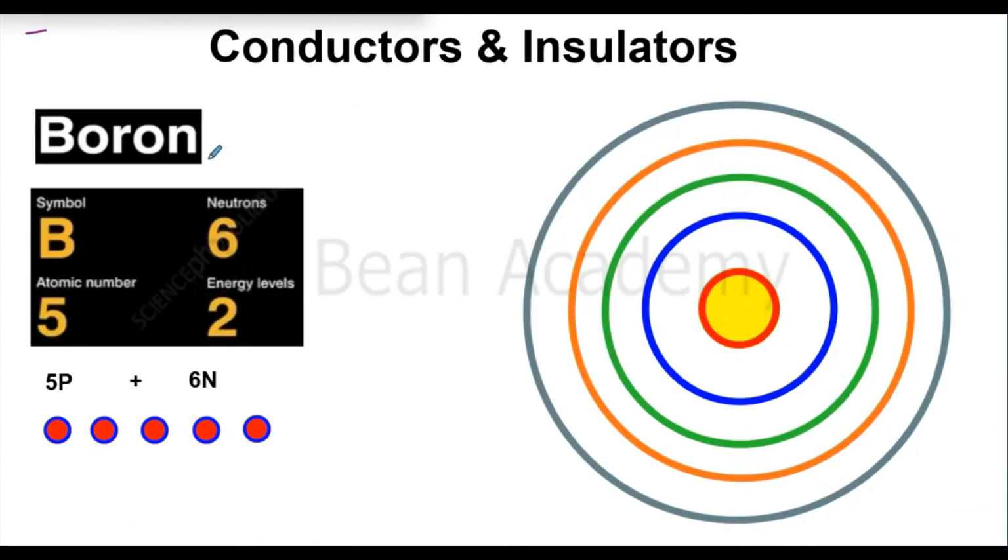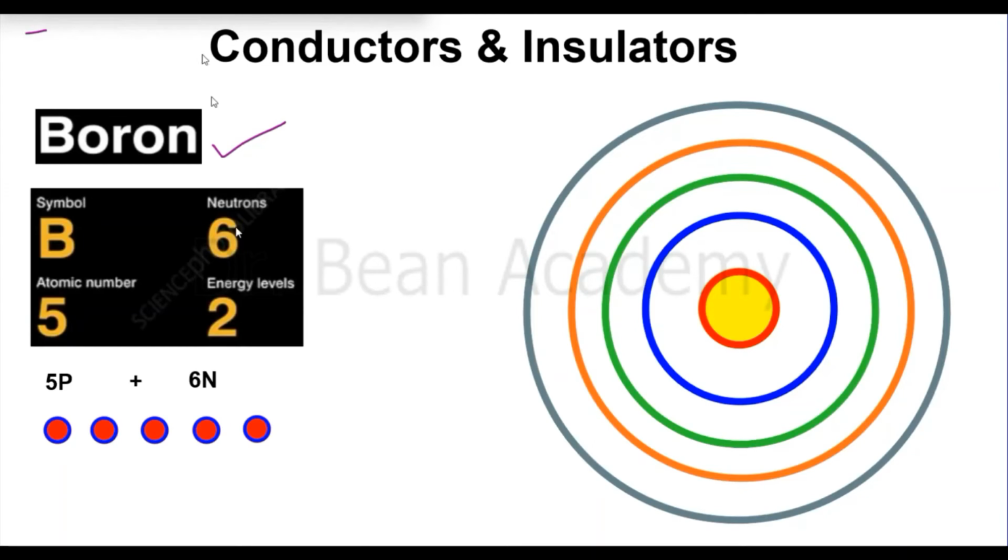Now consider an atom of boron, because there is something special with boron and we will need that information. You remember that for copper we had only one electron in the outermost or N shell. But now let's see the structure of boron. Here is the detail that boron has 6 neutrons in the nucleus.